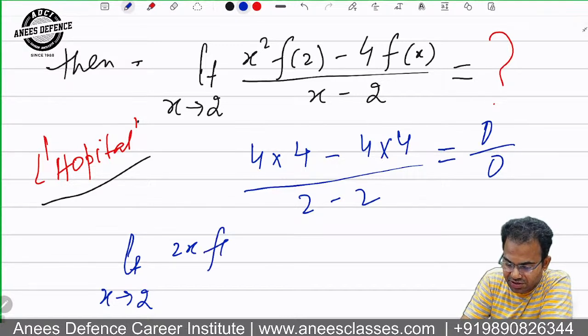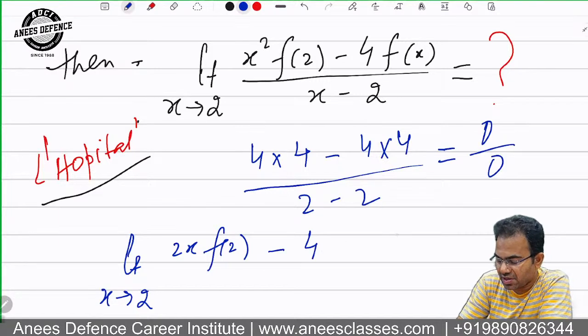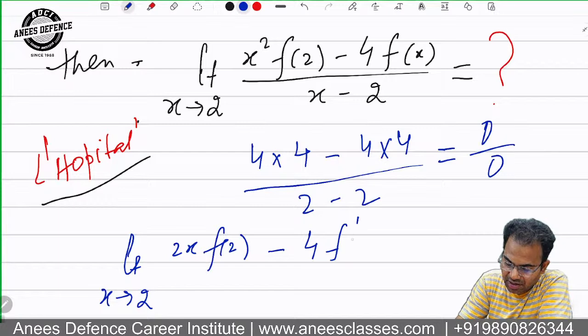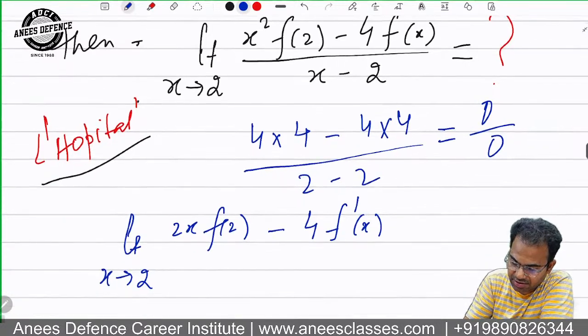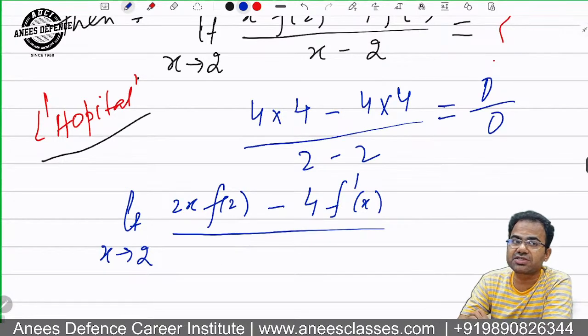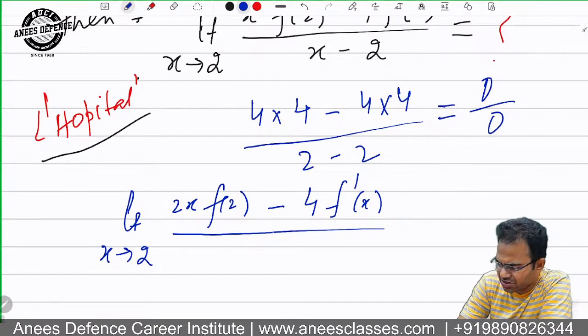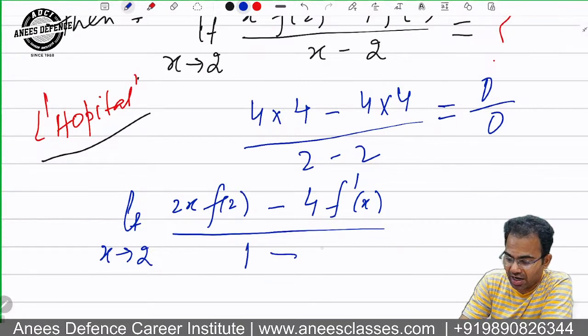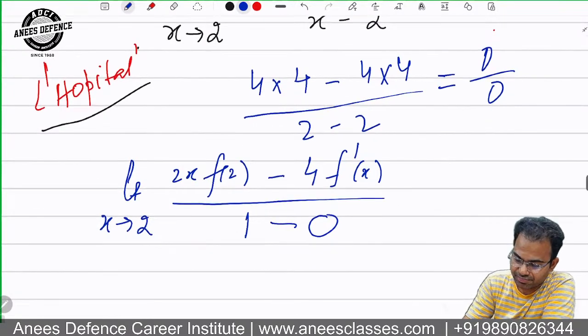F of 2 is constant, so it will be f of 2 minus 4. Differentiation of f of x is f dash x, and differentiation of denominator will be, differentiation of x will be 1 and differentiation of 2 will be 0.